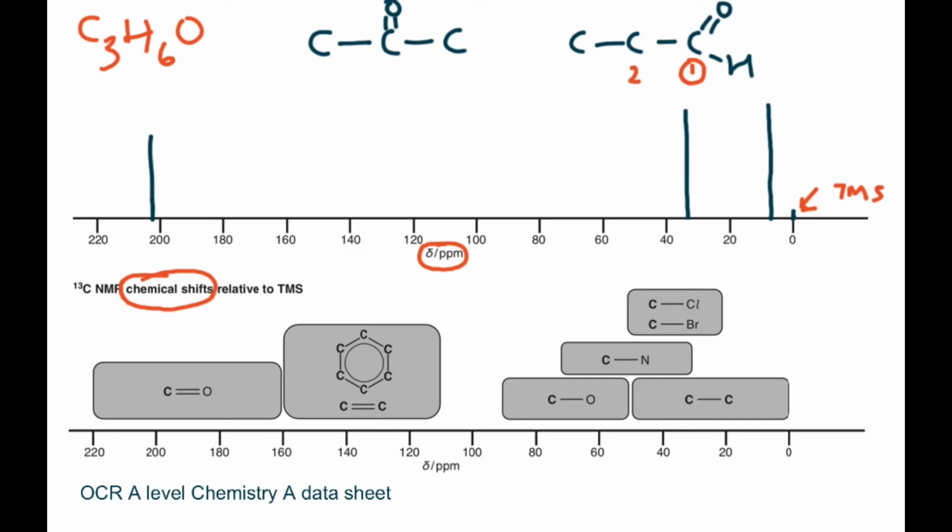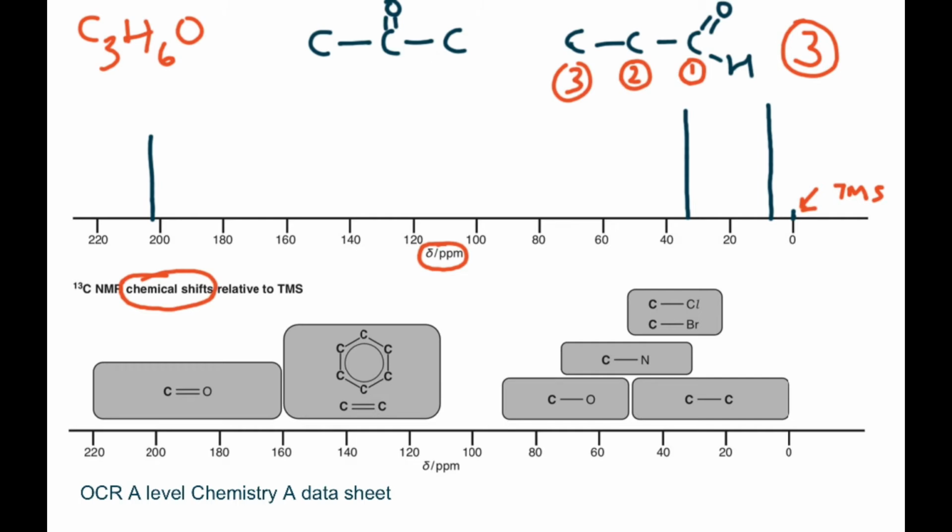The next carbon is a CH2, and there isn't another CH2, so that's another environment. The last is the CH3, and there isn't another CH3. So propanal has 3 carbon environments, 3 types of carbon in its molecule.